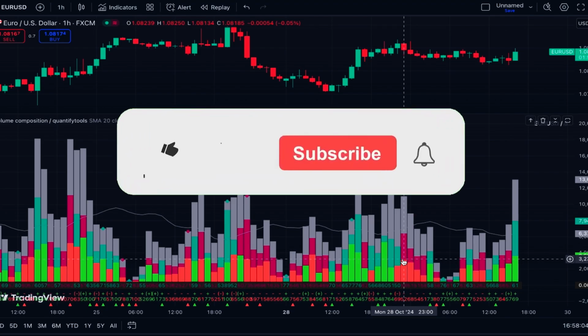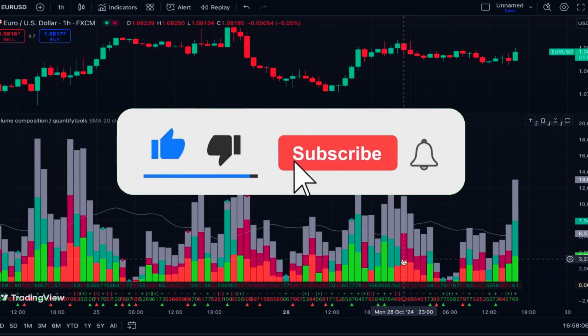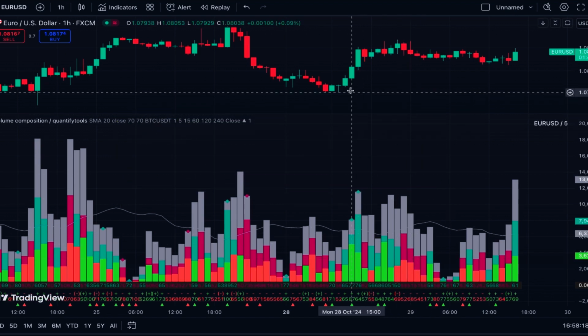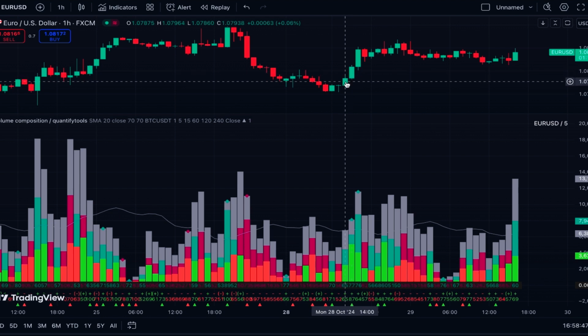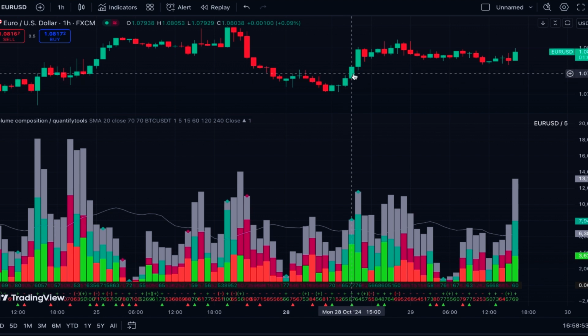You may wonder, what are passive volume and active volume, or where does this information come from? When there is an upside movement of the price, for example, another green candle is closed after a green candle, and this is happening with a volume higher than the previous bar volume, it's an active buy volume. But when we have volume lower than the previous bar volume, it is a passive buy volume.